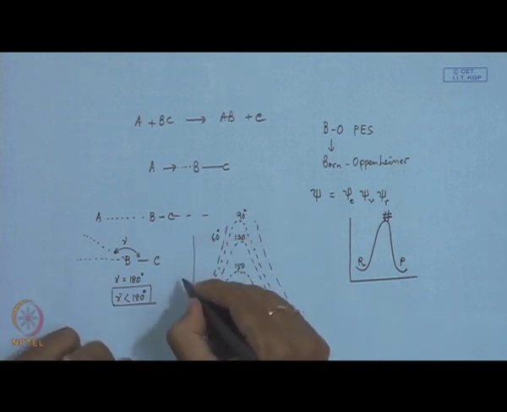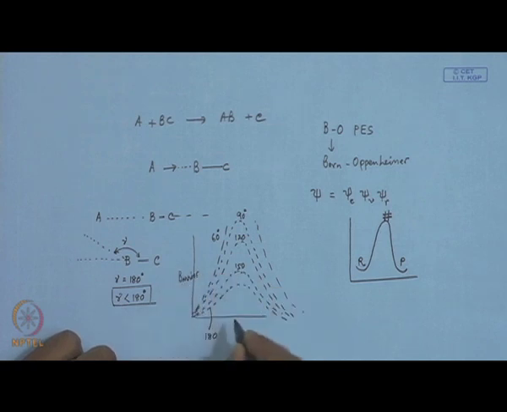Okay, so this is barrier height, and this is your progress of reaction. So therefore, the angle of approach is an important factor. So if you change the angle from the optimal value, then barrier height accordingly gets altered.